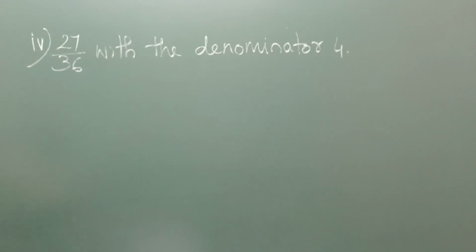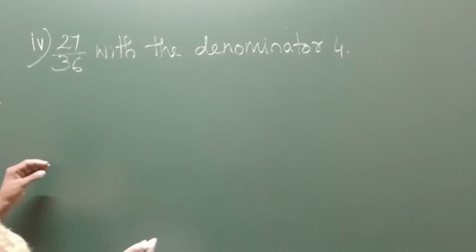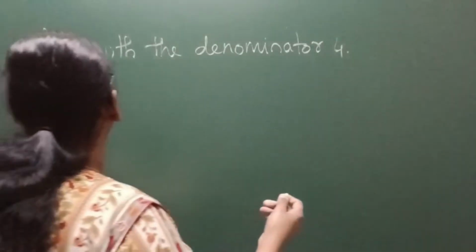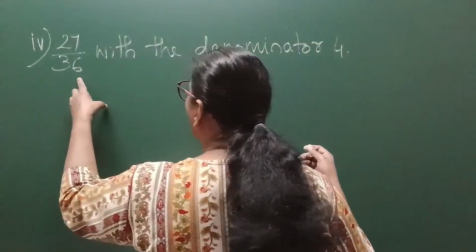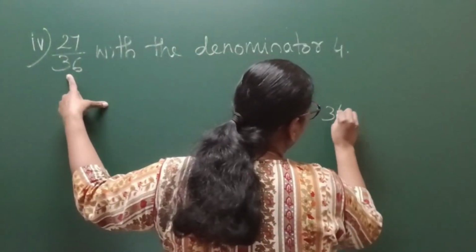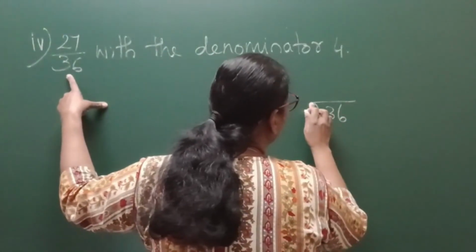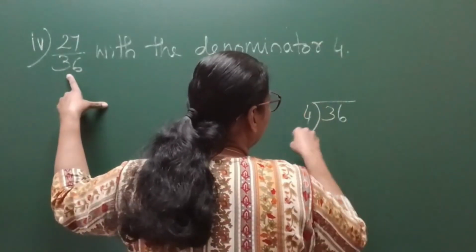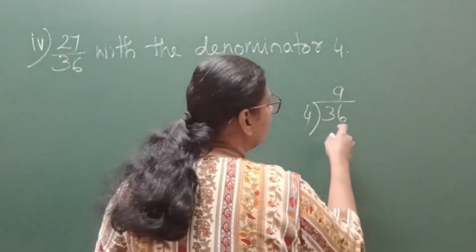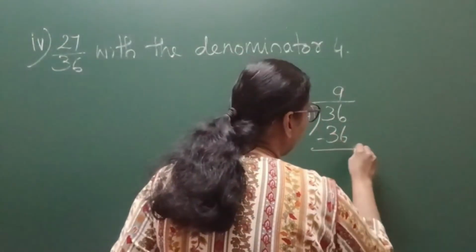So now we have to find the numerator. To obtain the new numerator, we have to divide the given fraction's denominator by the new denominator. Then we get a factor. 4 nines are 36. We get a factor.